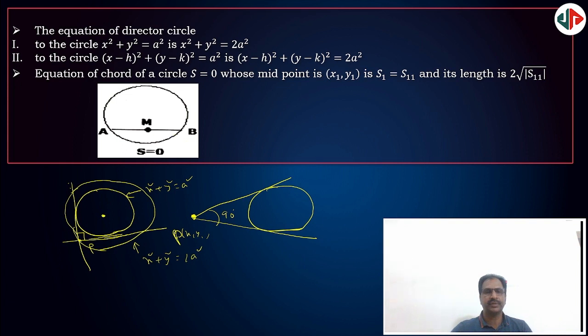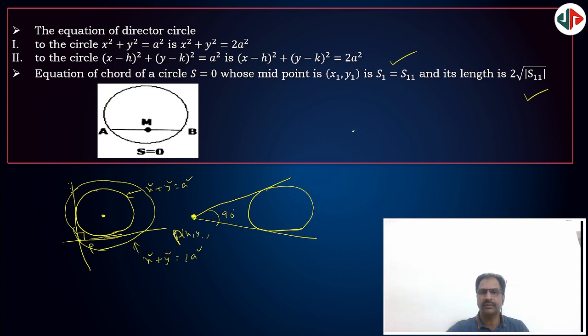Next, what is the equation of the chord of a circle when the midpoint is given? S1 is equal to S11 and the length of the chord is 2 root mod S1. So we use this for finding the equation of a chord when the midpoint of the chord is given. The equation of the chord whose midpoint is (x1, y1) is S1 = S11 and the length of the chord is 2 root mod S1.